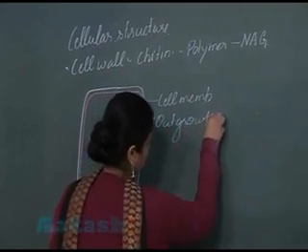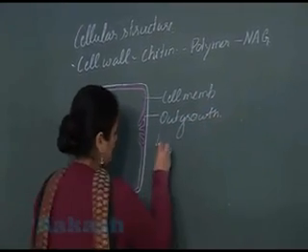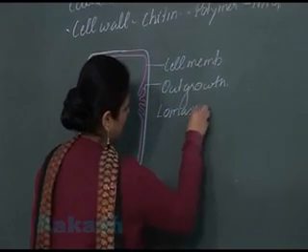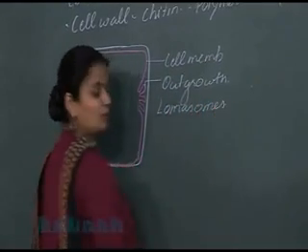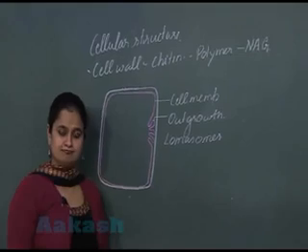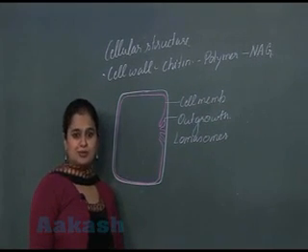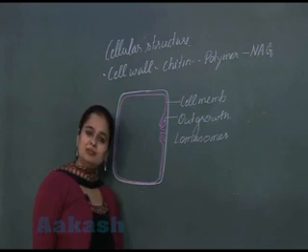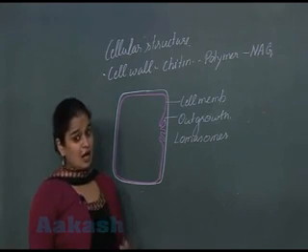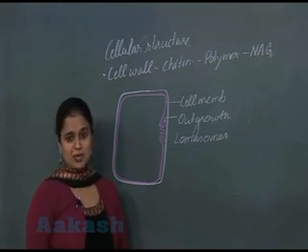Outgrowths of cell membrane are known as lomasomes. In the case of bacteria, we have studied ingrowths of cell membrane. They are known as mesosomes. These are outgrowth. They are known as lomasomes.